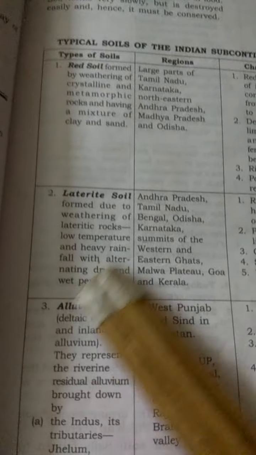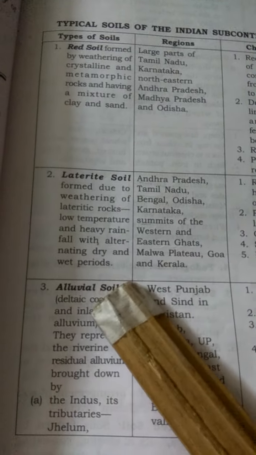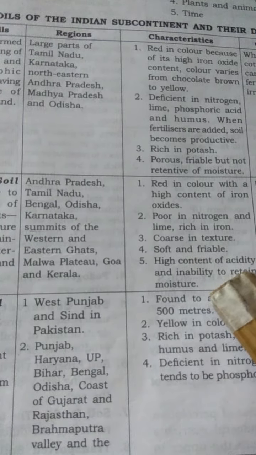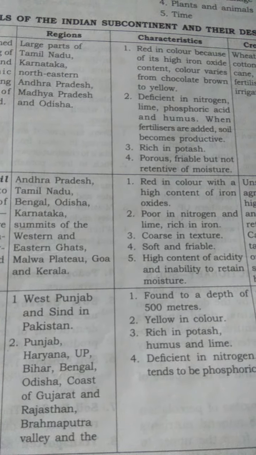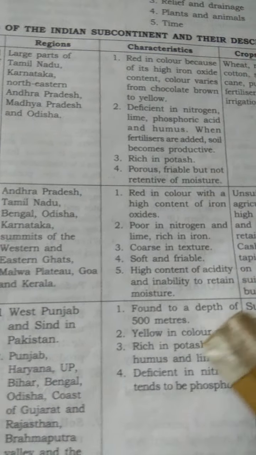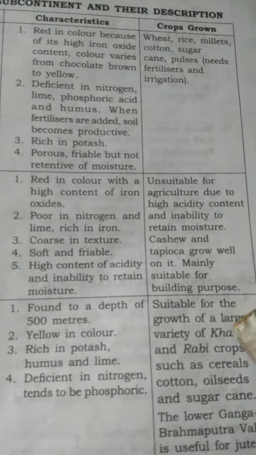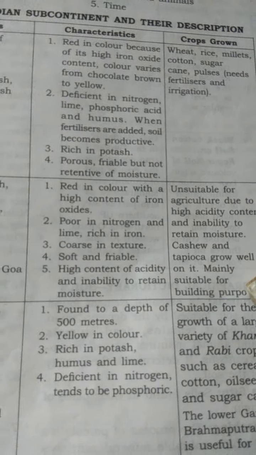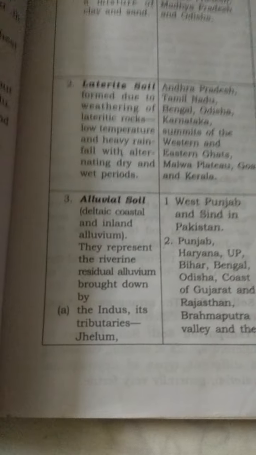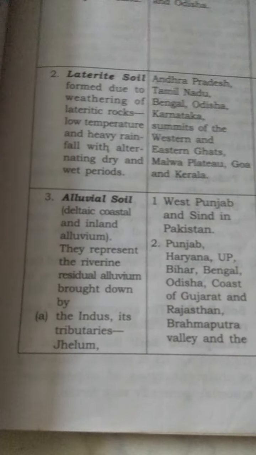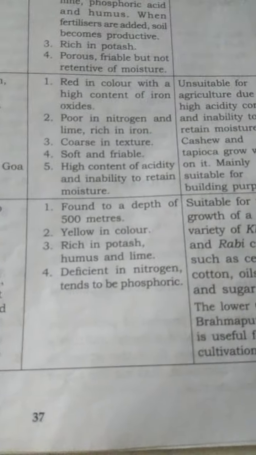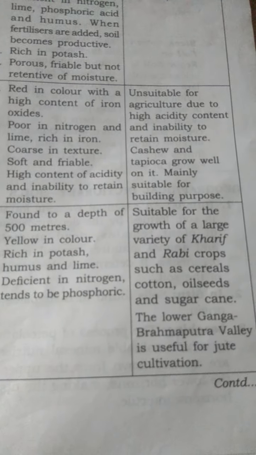Here is the second one, laterite soil, and then which region it is found in and the characteristics of laterite soil, and which types of crops are grown. The third one, alluvial soil: which region, and then characteristics and which types of crops are grown.